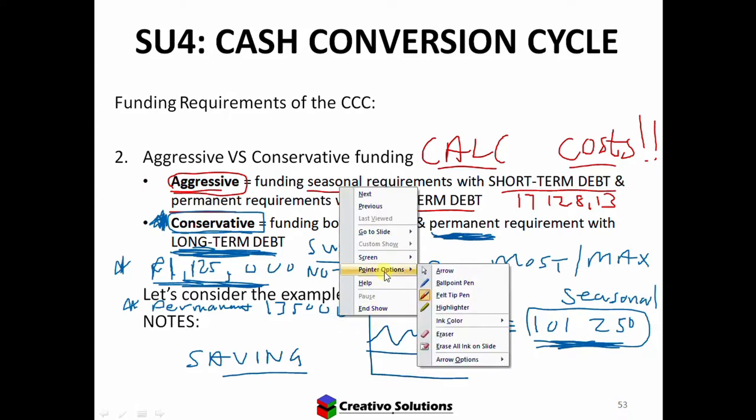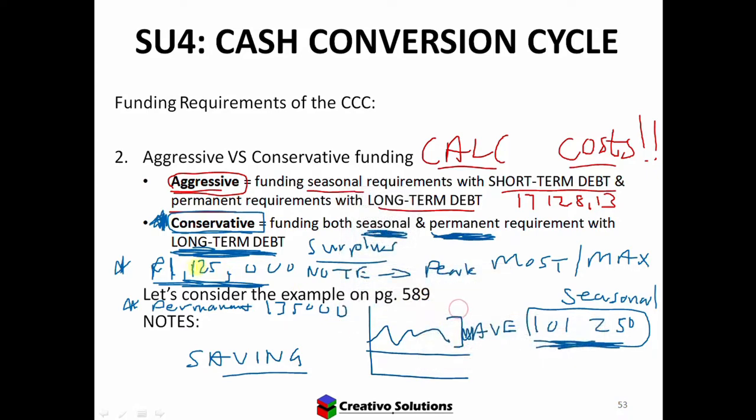Okay, so let's work it out. I'm going to use a highlight here. On your calculator, if you take 1.125 million and you subtract the permanent, that's going to give you this gap in between. The maximum and the permanent, that's going to give you the in between. Does it make sense? Yes. Okay, so quickly work that out. 1.125 million divided by 135,000 gives you how much?